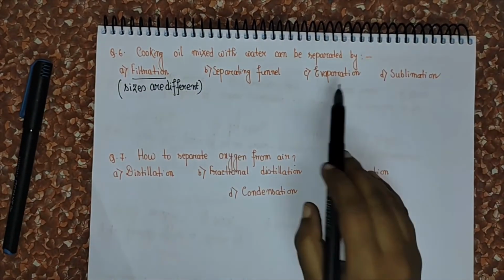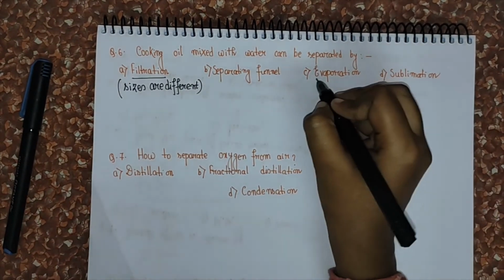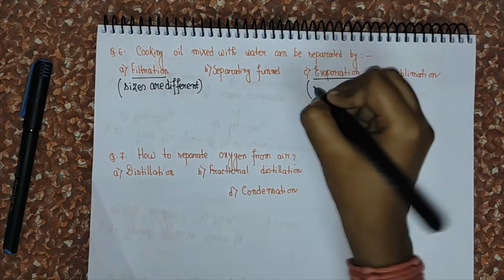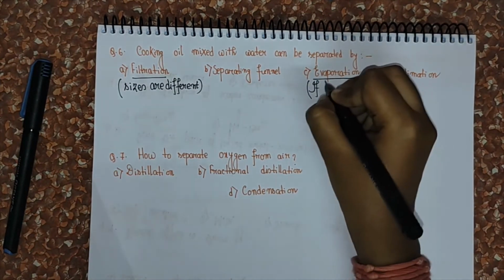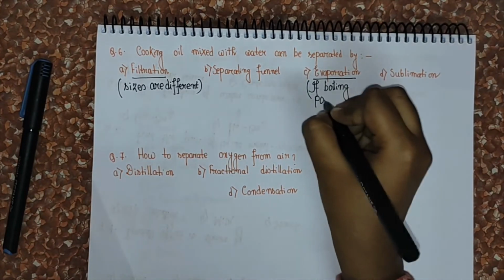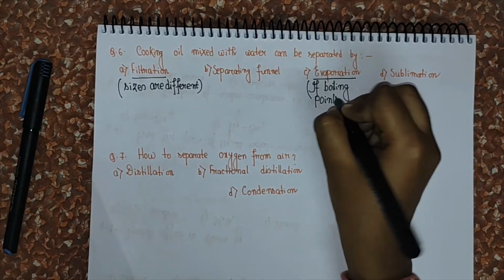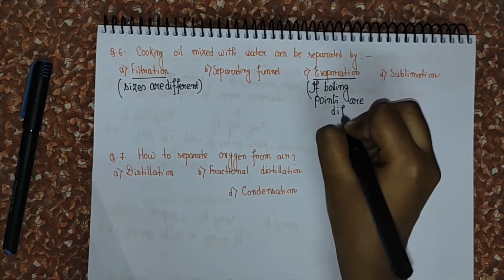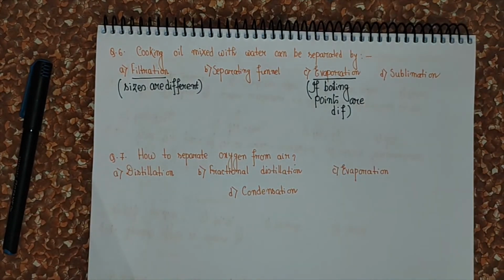Now what is evaporation? We can apply the evaporation technique of separation if the boiling points are different. Can you tell me when you can use evaporation? Yes, very good. We can use evaporation to separate salts from seawater.